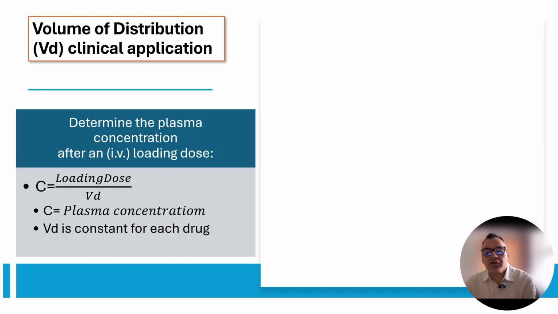So we can give an IV loading dose, and determine the plasma concentration without measuring it in the blood by using the equation: concentration equals the loading dose divided by the volume of distribution, where C is the plasma concentration that we need to calculate, and the volume of distribution is constant for each drug. So we have a specific loading dose, and from that dose we can know the concentration in the plasma.